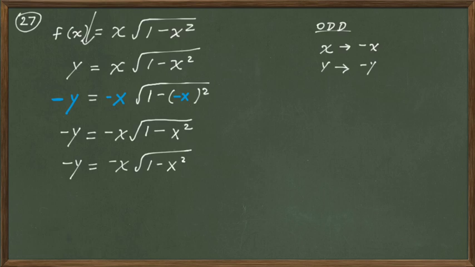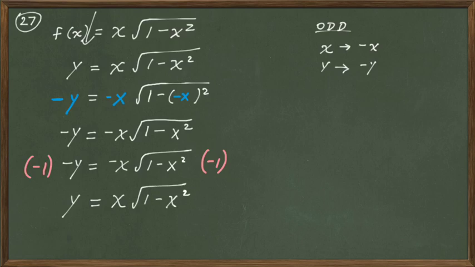If I multiply both of these by a negative 1 and a negative 1, now I'd have y equals x times this radical.